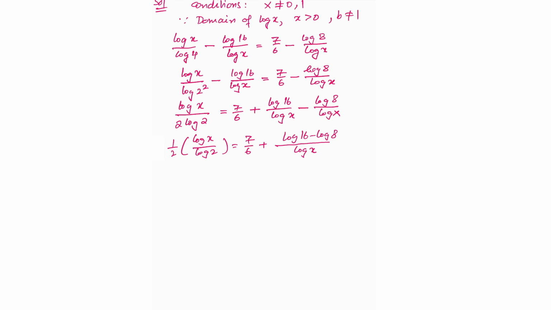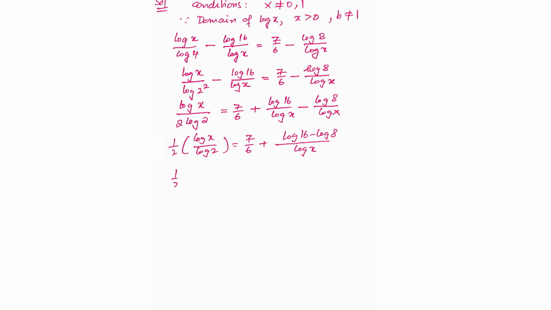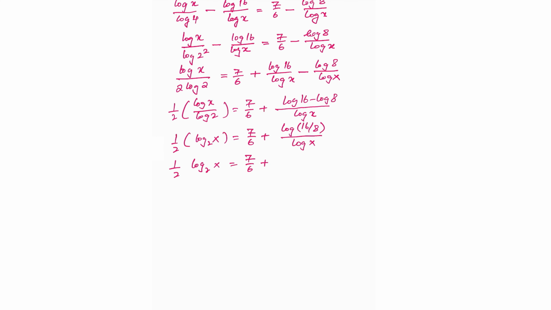Then the next part is 1 over 2, and I can change the base again: log base 2 of x is equal to 7 over 6, plus the quotient law, log of 16 over 8, over log x. That's log 2 over log x.